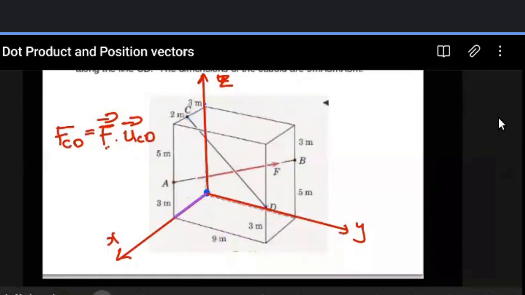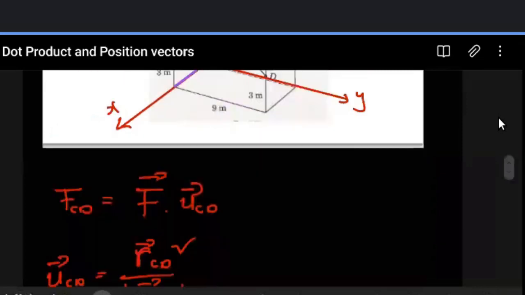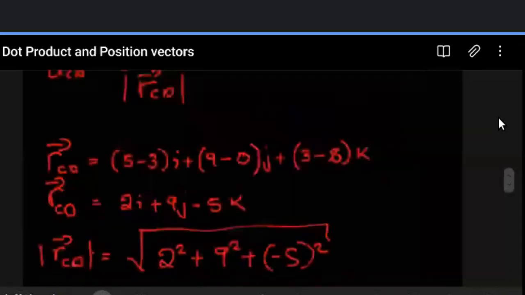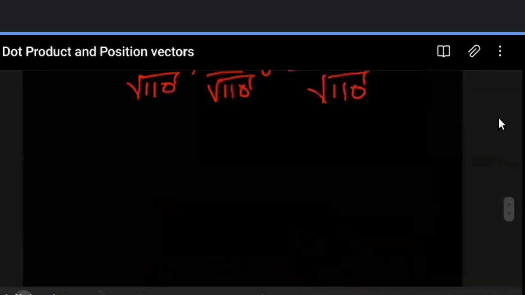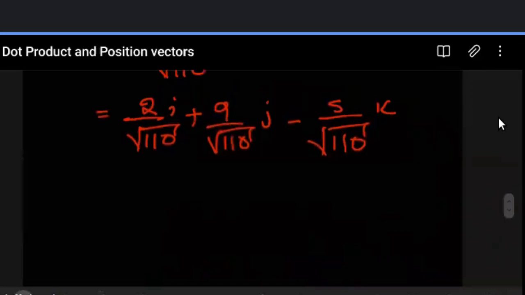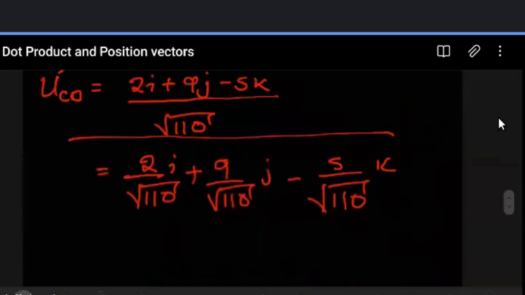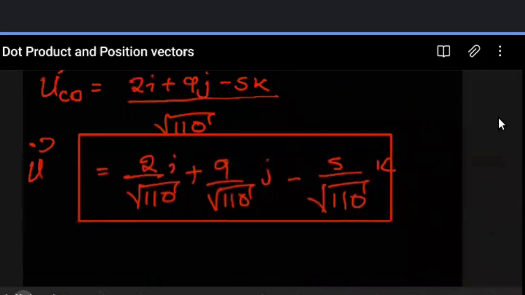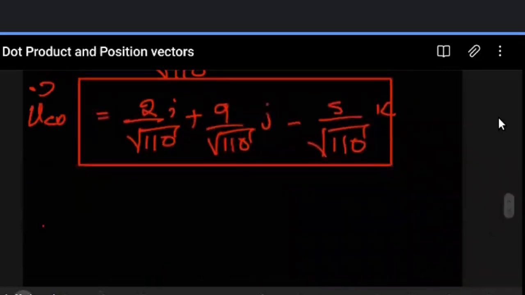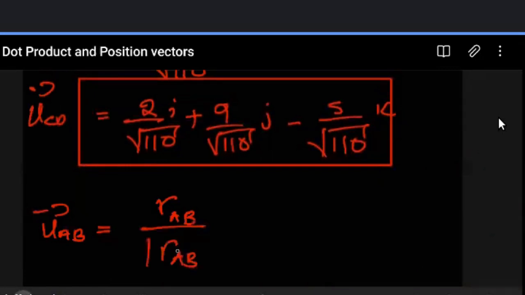So to get the unit vector from A to B, let me just highlight this so that we know what we're looking for when we come back for it. This is a unit vector from C to D. Now we need a unit vector running from A to B, the direction of the force. This will be the displacement vector from A to B divided by its magnitude from A to B.